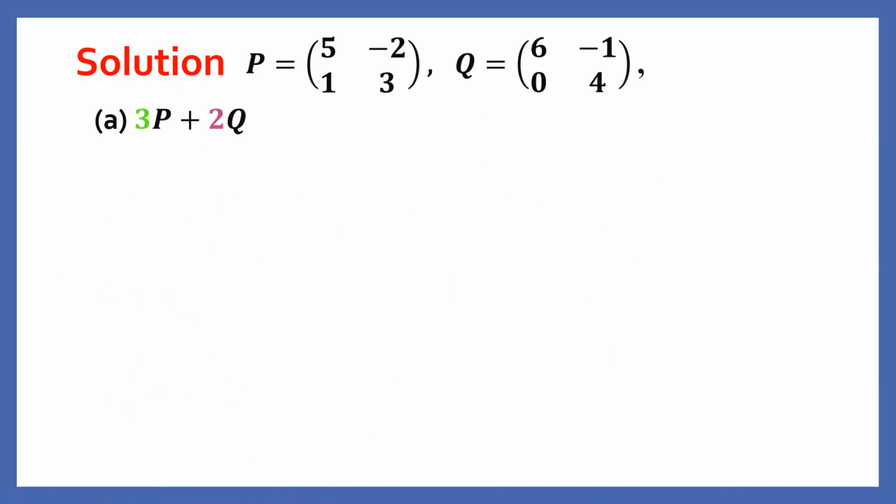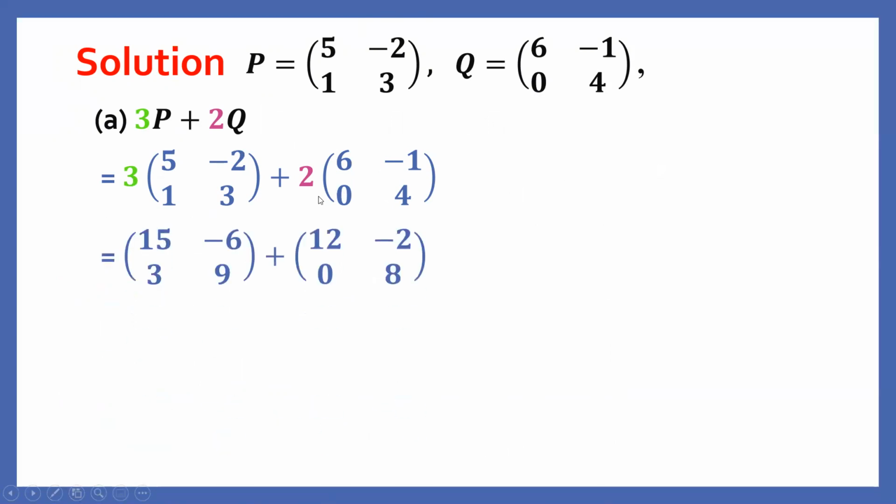Part A, 3P plus 2Q. I need to multiply all the elements in matrix P by 3 and all the elements in matrix Q by 2. Simplifying, I will get 15, minus 6, 3, 9 for 3P. And for matrix 2Q, I get 12, minus 2, 0, 8.